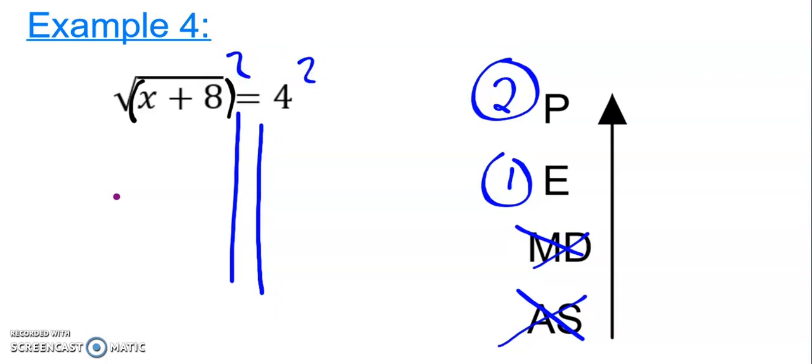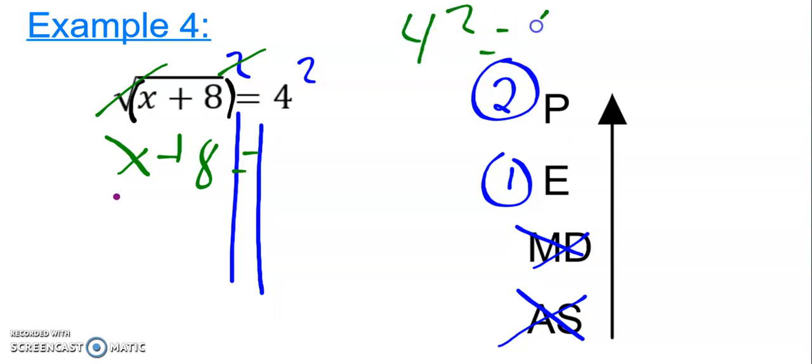Okay? When you square both sides, the square root and the square cancel. Do not square the 8. Bring down x plus 8 equals 4 squared is 4 times 4, and 4 times 4 is 16. So now next, oops, my plus looks sloppy there.